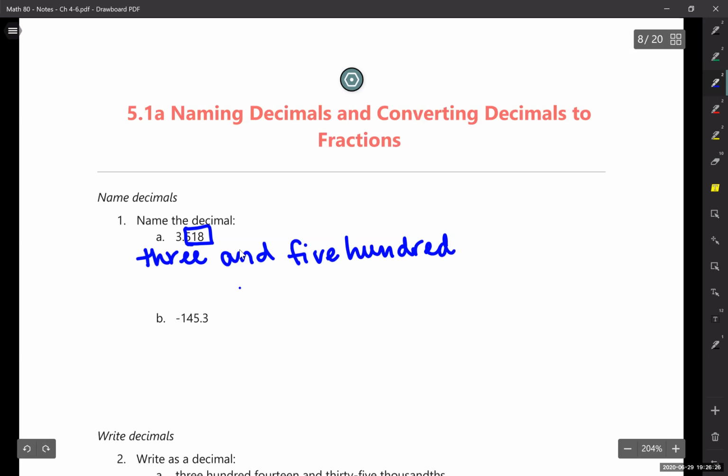And the last word is going to be, where does that 518 end? We have the tenths place, the hundredths place, and the thousandths place. So the last word was thousandths, so I'm going to write that right after the 518.